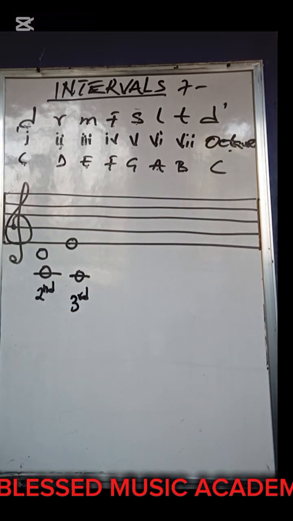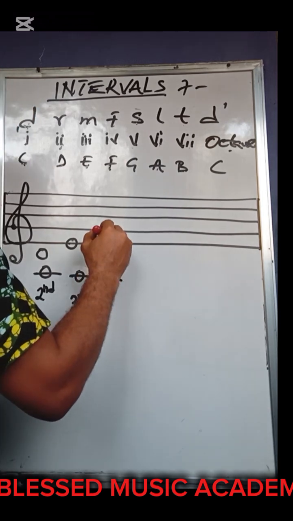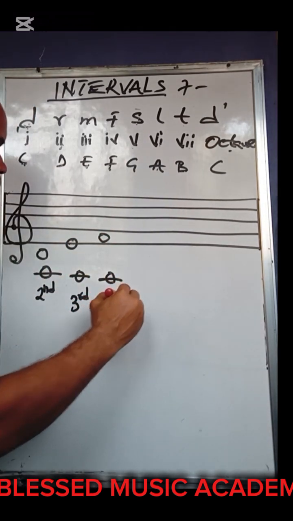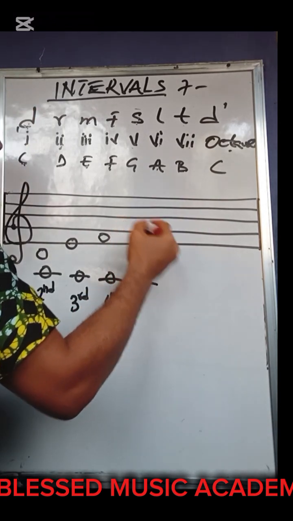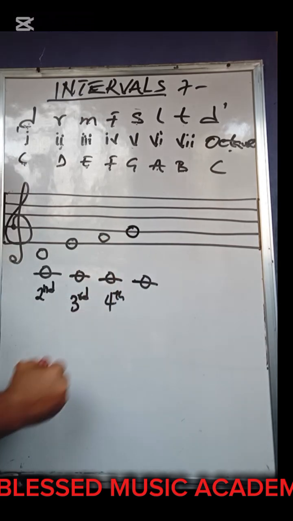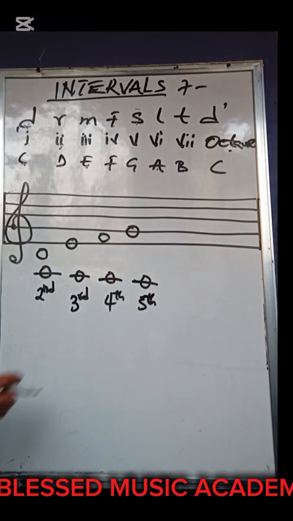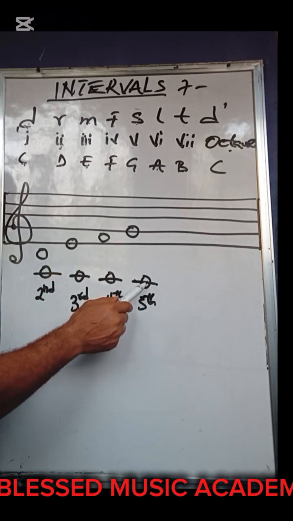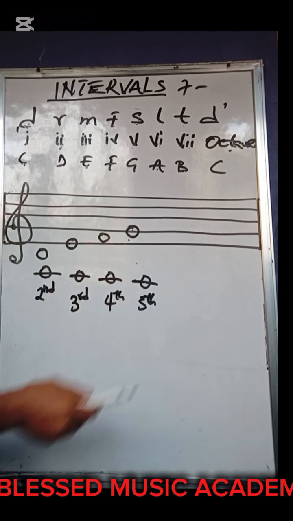Okay, third interval. Distance between C to my F is my fourth interval. Then distance between my C to my G is my fifth interval. Okay, so you are counting, you don't miss any line, you don't miss any space. So you are counting 1, 2, 3, 4, and 5.